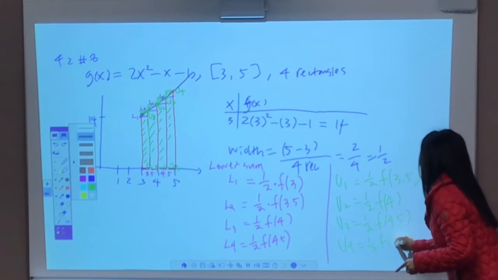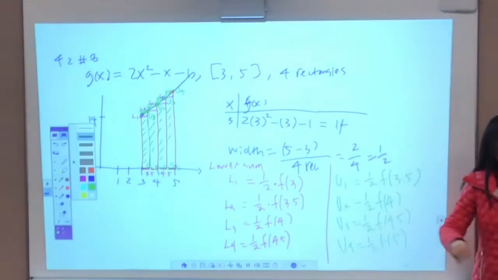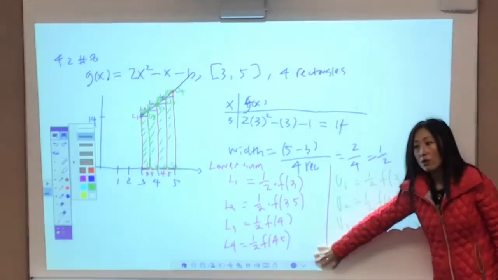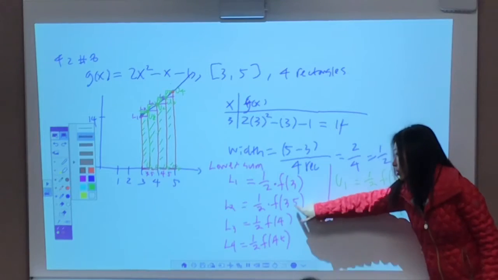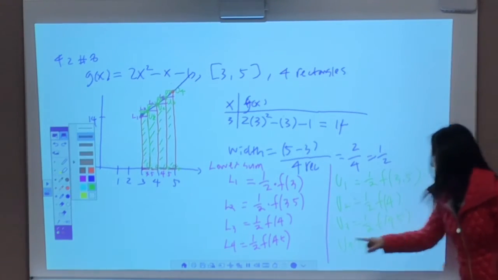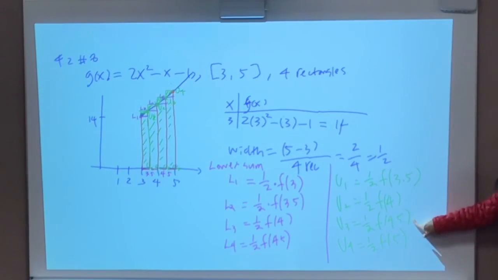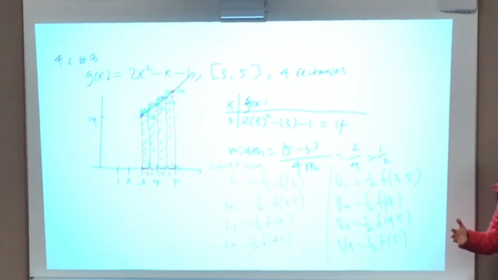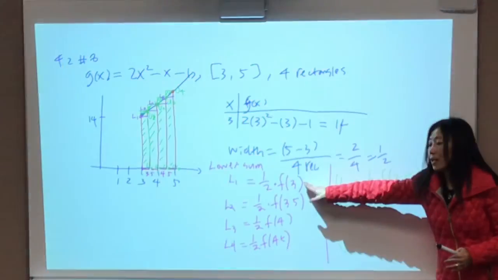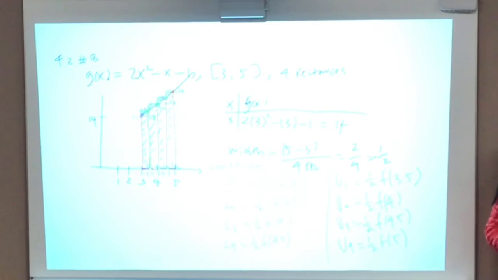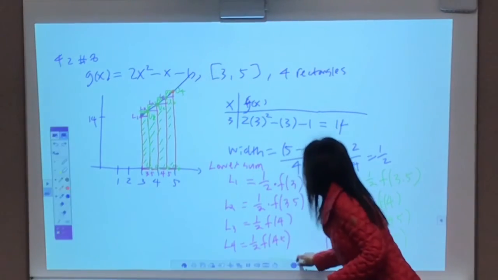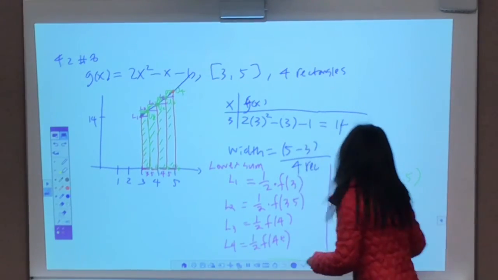That's right. So class, don't forget to write these answers because every one of them you can use. This 3.5, 4, and 4.5 you can use over here. So the upper sum and lower sum differ only in the starting number and the ending number. After you get all this, what do you do? You add them.